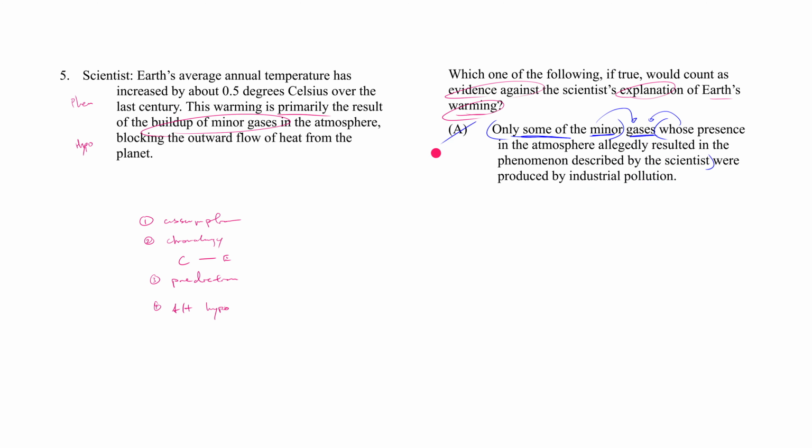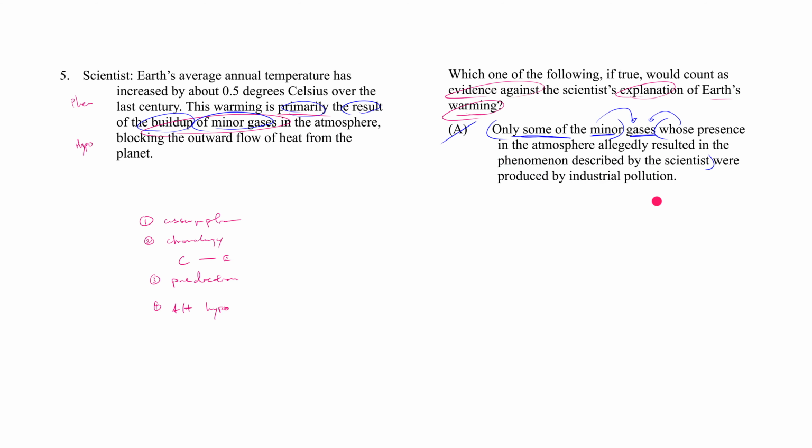Fine, but what does that have to do with this hypothesis being true or false? Does this argument care where the minor gases came from? It's just saying that it's the result of the buildup of the minor gases. Why are you talking about where they came from? Their provenance has no bearing on whether they're causing global warming.